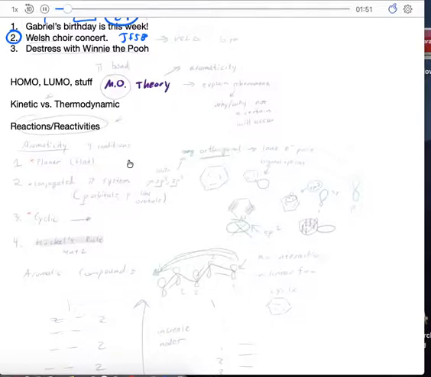So molecular orbital theory is going to be really important. You're going to use it to explain phenomena, and by that I mean why or why not a certain reaction will occur.